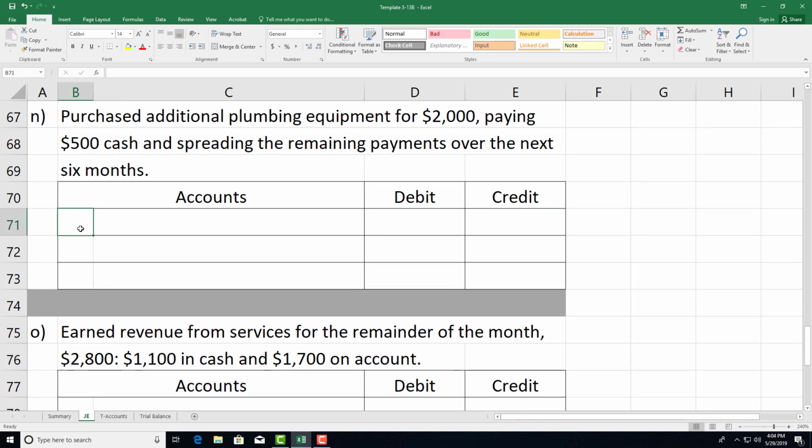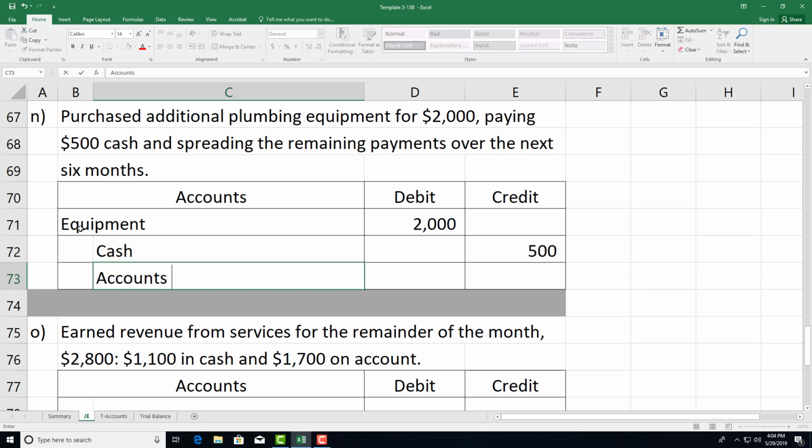N, purchased additional equipment for $2,000. So I'm going to do that first part. We purchased equipment, $2,000. We're paying $500 of it in cash. So we credit cash. It is going down. And we're spreading the remaining payments over the next 6 months, which means we're going to increase accounts payable for the remainder for $1,500.